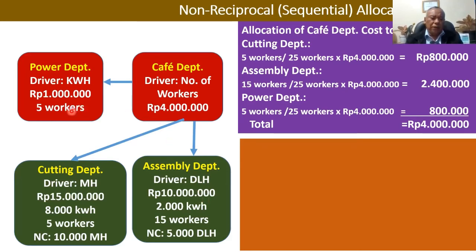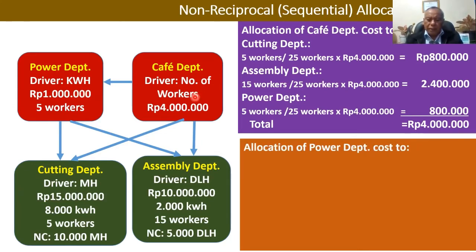How much will be allocated? Power has a cost of 1 million and gets allocated cost from cafe department of 800,000, so the total is 1,800,000. The power department allocates its cost to cutting and assembly, not to cafe.